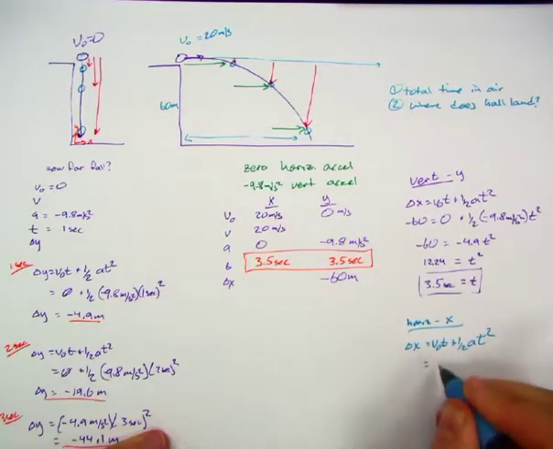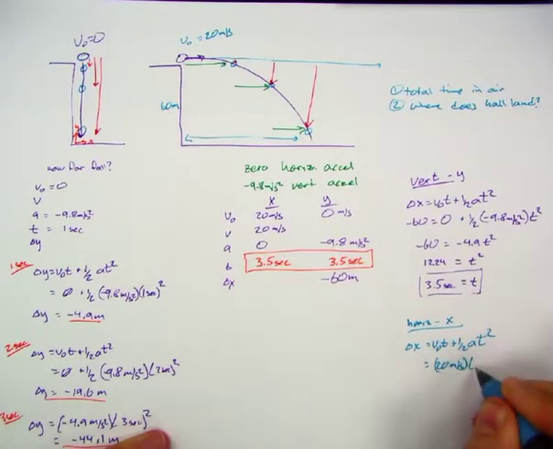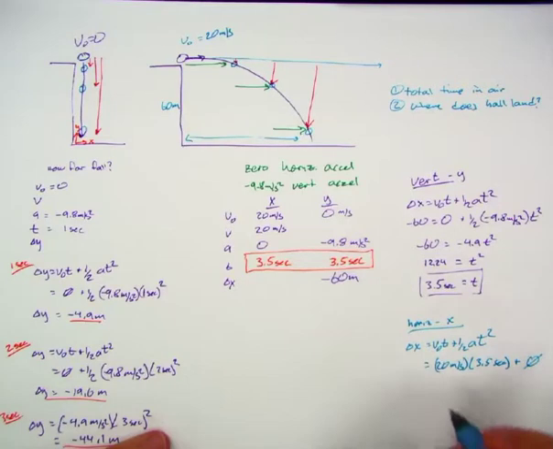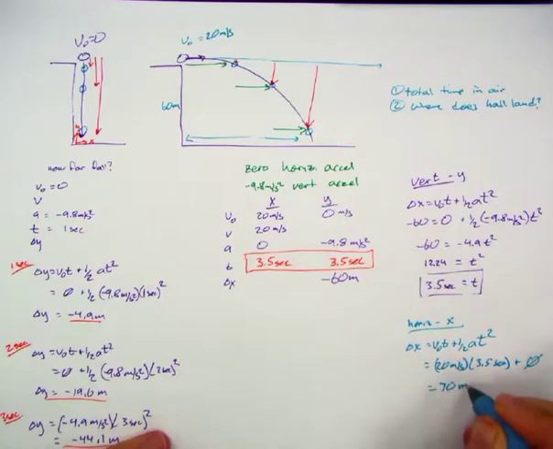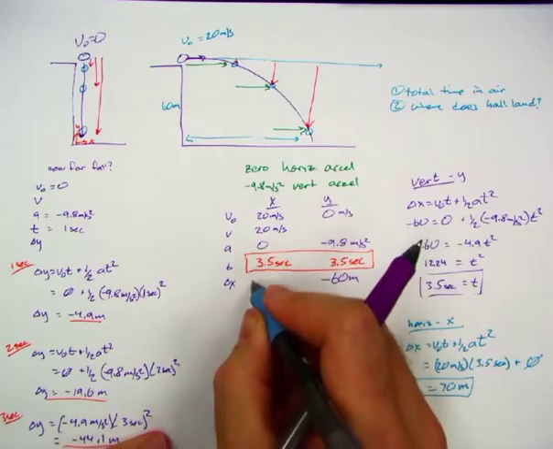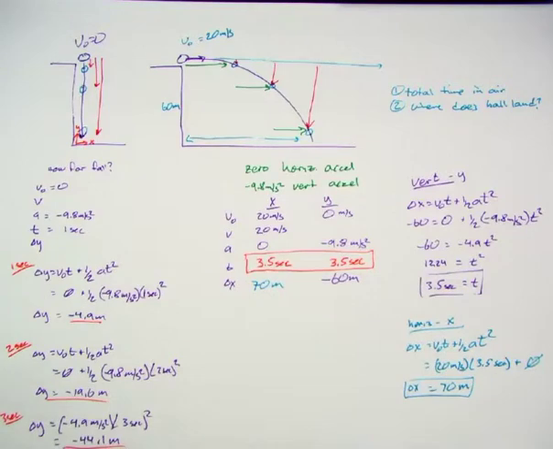So delta x is equal to 20 meters per second times time of 3.5 seconds plus 1/2 times a, which is 0, so all of that goes away. So I end up with 70 meters, right? So delta x is equal to 70 meters.